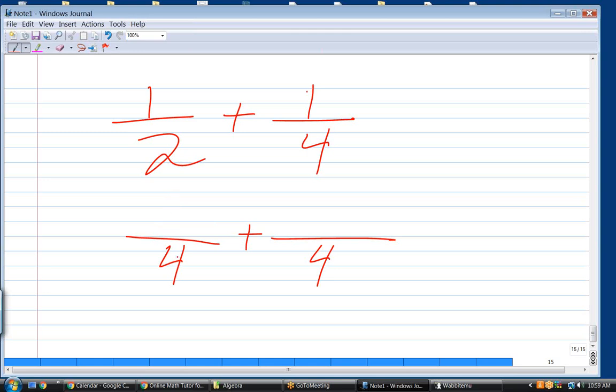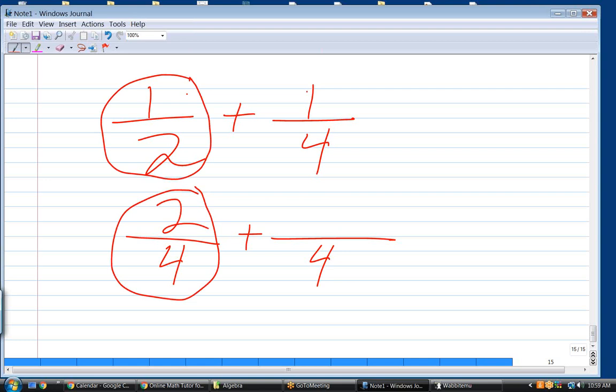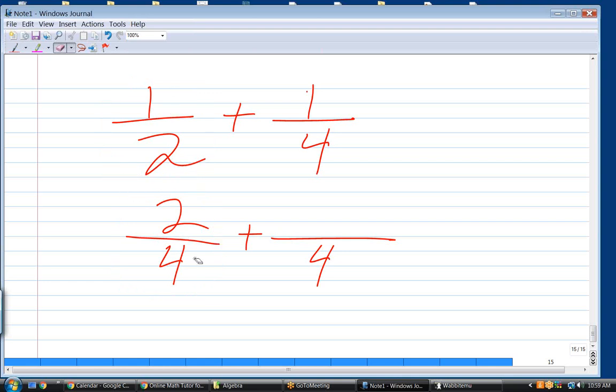Divide 2 into 4 and then multiply it by 1. And as soon as you do that, make sure that that is the same as that. If it's changed, you've done it wrong. It is the same. And then over here, that's just 1/4. So now I can add them. What's 2/4 plus 1/4?